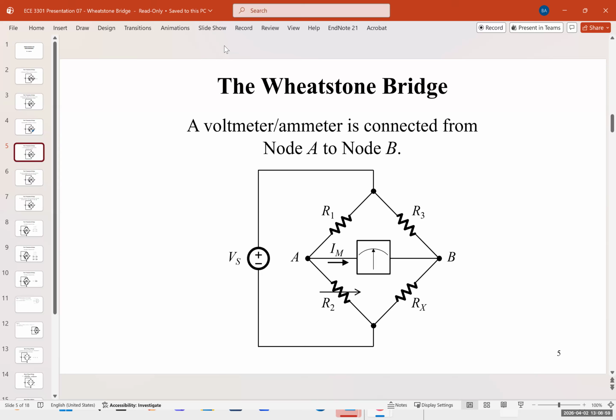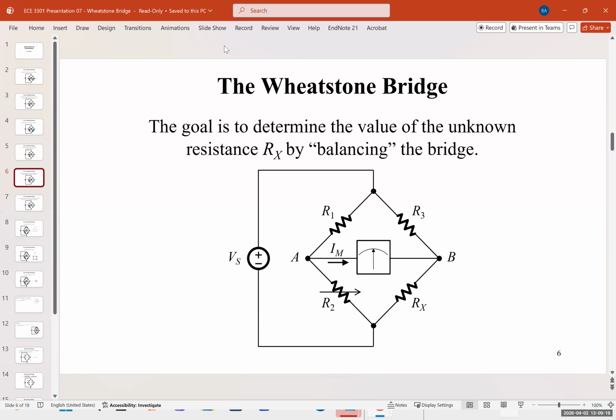Now, how can we make the system balanced? I would explain more. First, we have to determine what current is measured in the middle. That's the reason we need the ammeter. So a voltmeter or ammeter is connected between these 2 nodes, node A and B. And the goal is to determine the value of the unknown resistance by balancing the bridge.